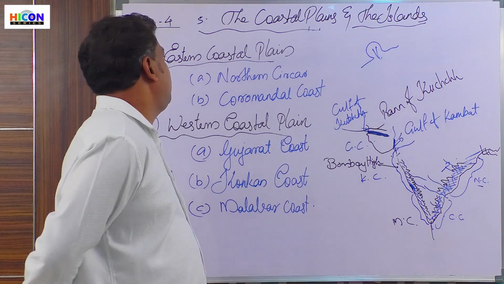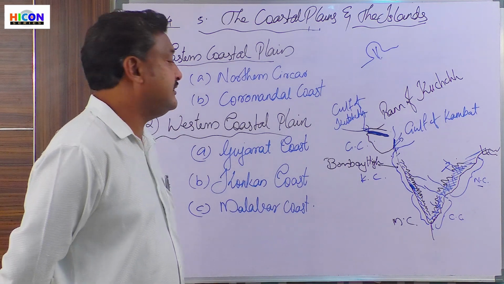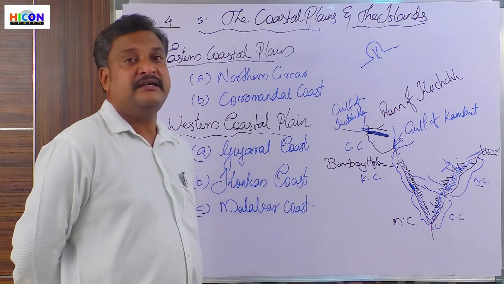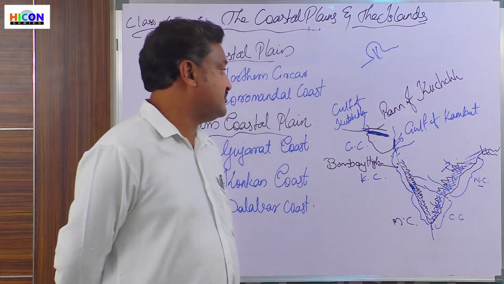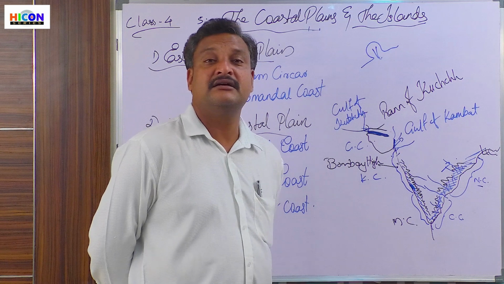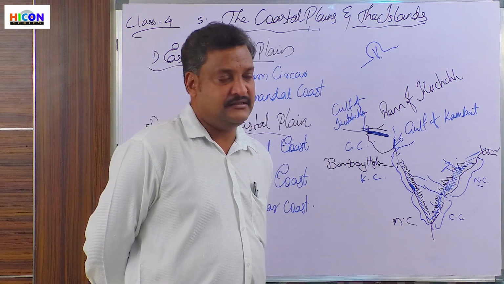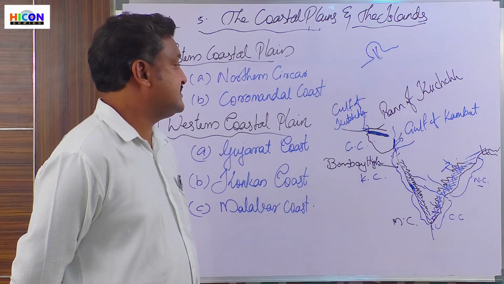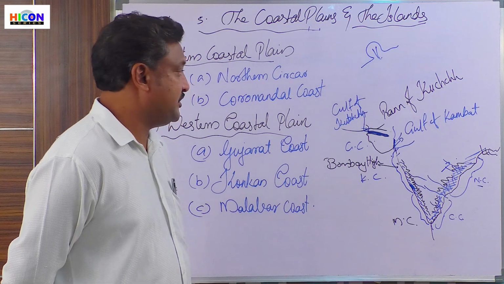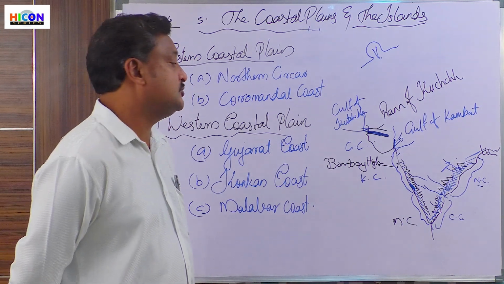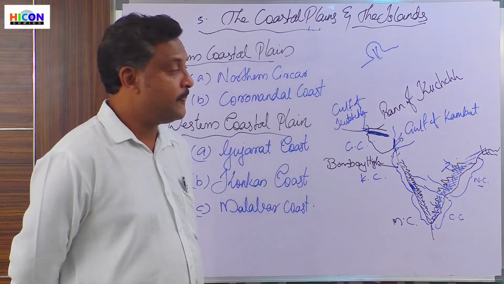So there are two coastal plains for us. One is the eastern coastal plain and the second is the western coastal plain. The eastern coastal plain starts from the Sundarban Delta and ends at Kanyakumari. The western starts at the Gulf of Kutch region of Gujarat and goes up to Kanyakumari in the south.